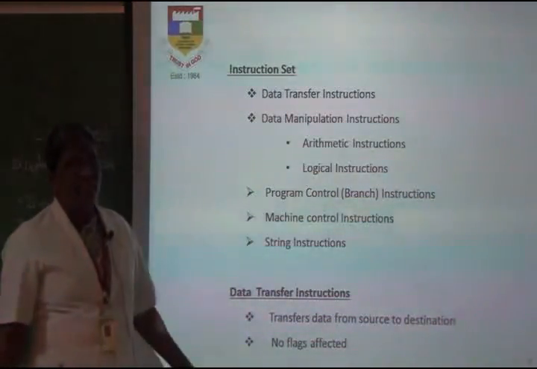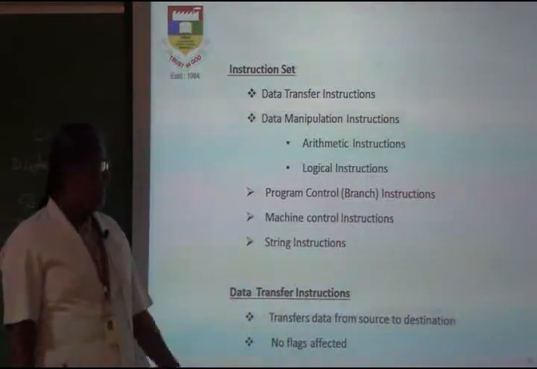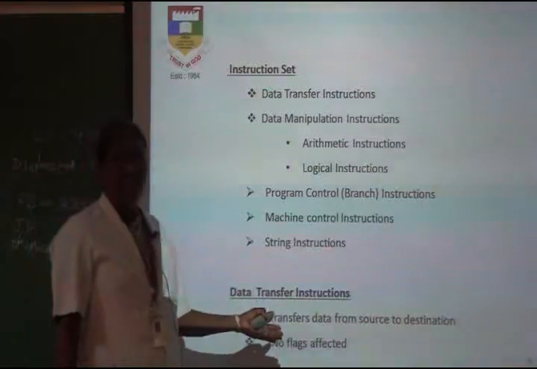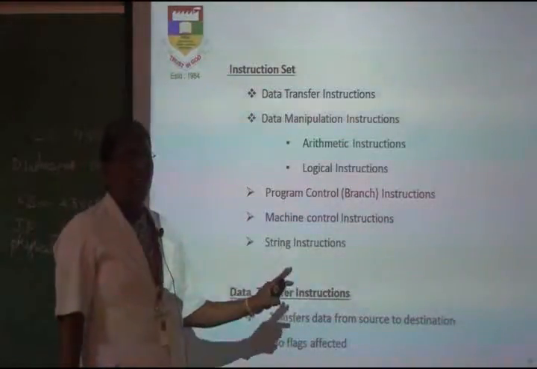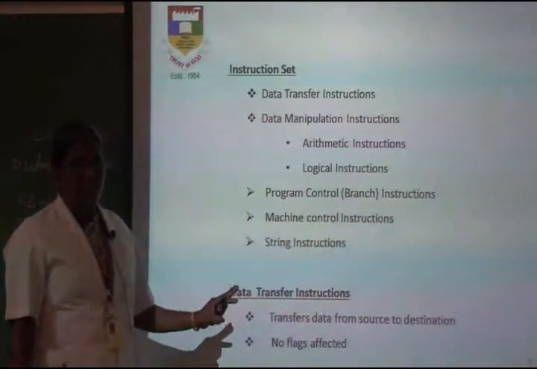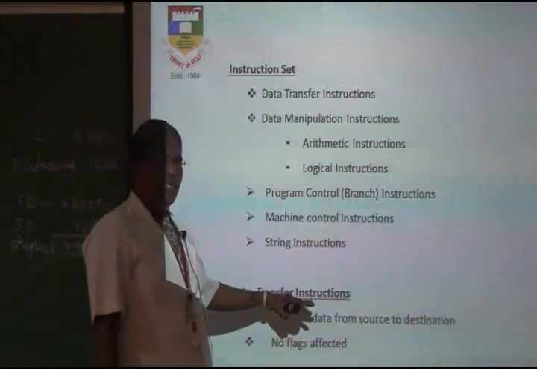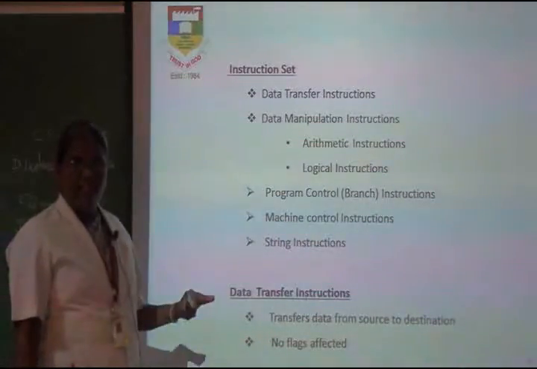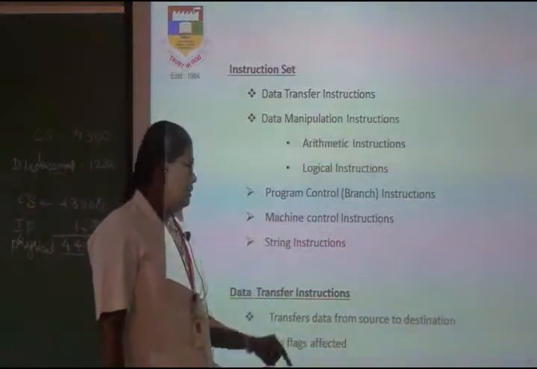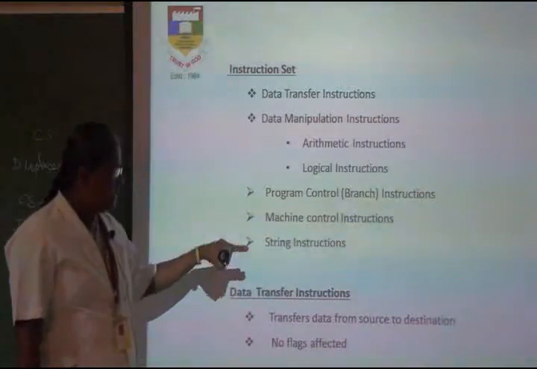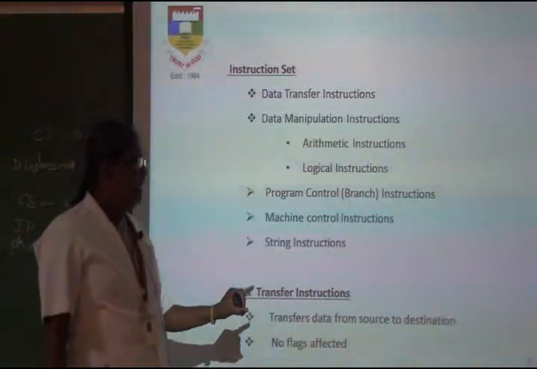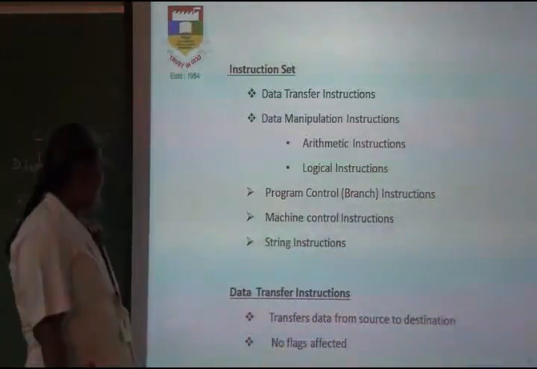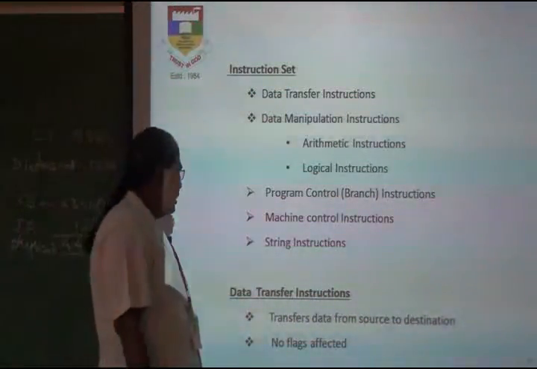Data transfer instructions. Data transfer instructions transfer the data from source to destination, and no flags will be affected by them. The possibilities of the source are a memory, register, IO device, or data, and the possibilities of the destination are only memory or register.